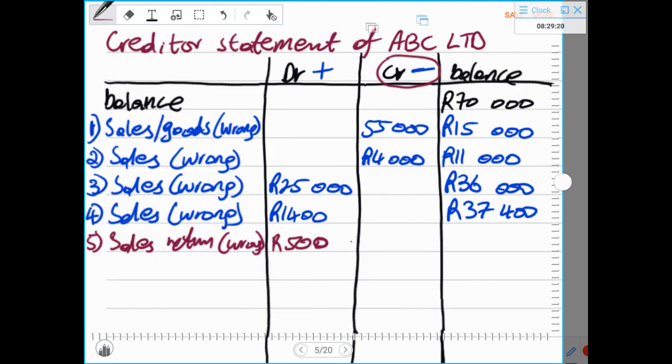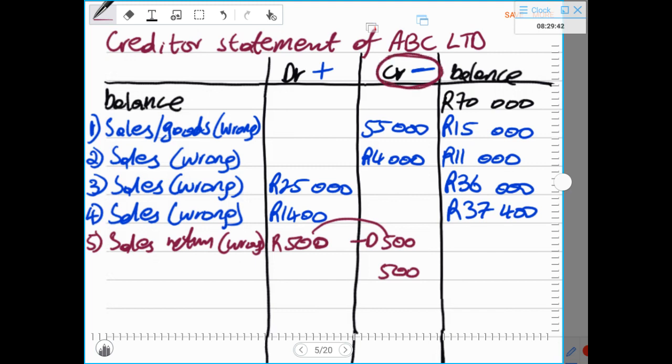So now canceling this from their point of view will mean they'll record 500 on this side, and this will cancel this. Then after, they have to record the right amount on the right side, which is 5,000 on the credit side, because this was the return of inventory, and the return of inventory will decrease the debtor.